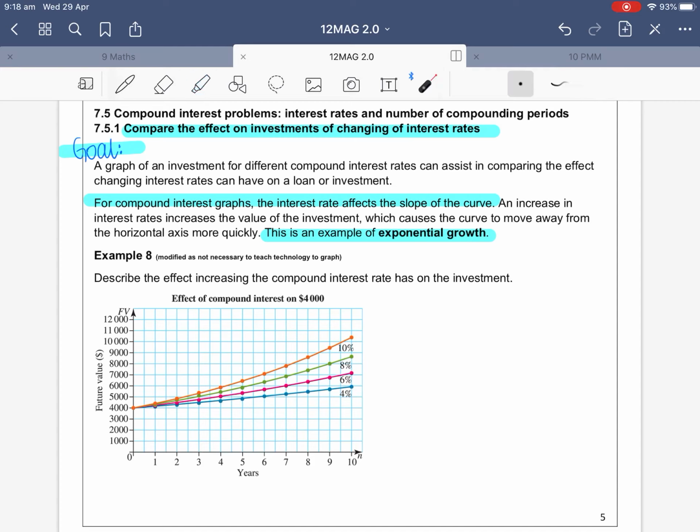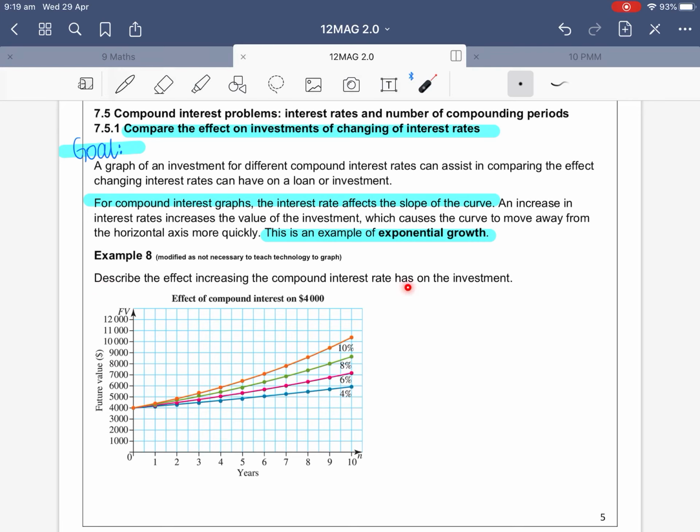This is an example of exponential growth, which we talked about last term when we were talking about our geometric sequences. Let's have a look at an example of that. If you just want to write some theory, you can just write what is highlighted in blue as long as you have this example graph on there as well.